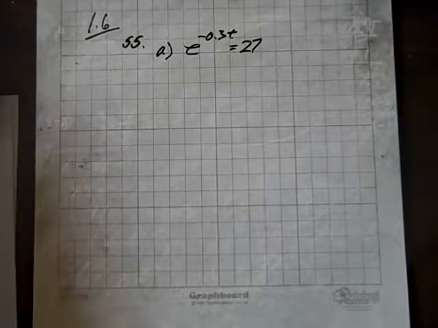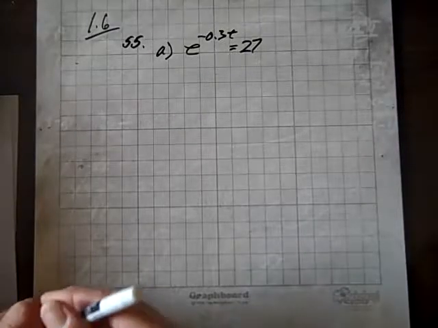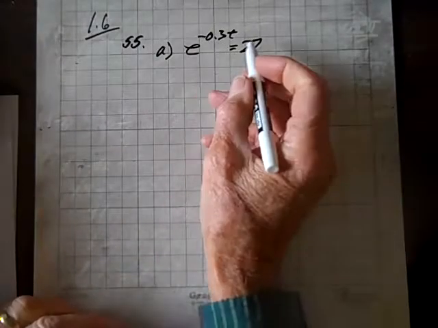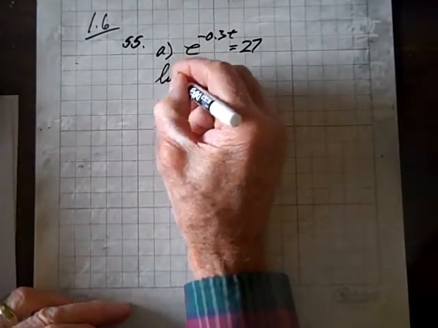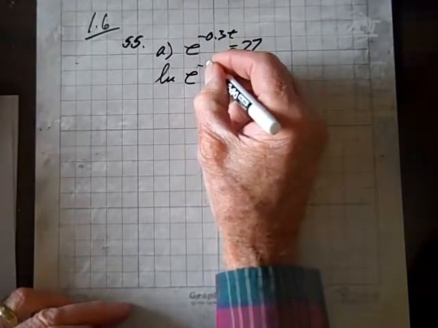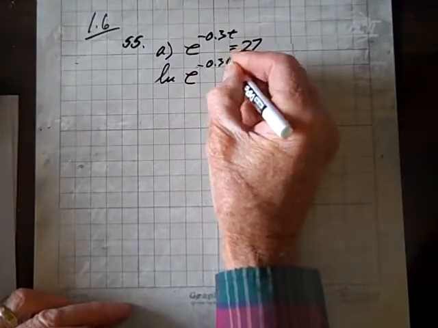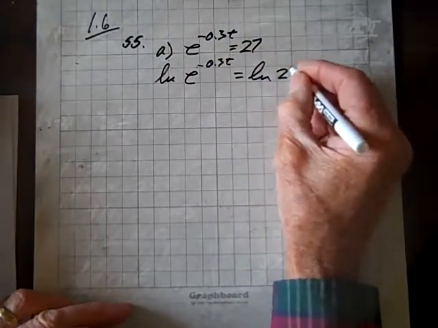So for question 55, we have 3 parts, and for each part we have to solve for t. So for a, let's take the natural log of both sides. ln e to the negative 0.3 t equals ln of 27.